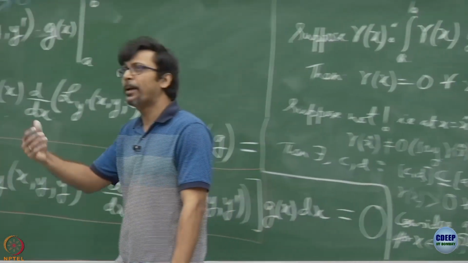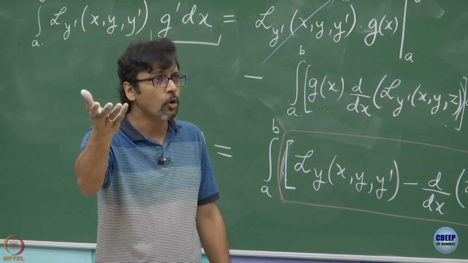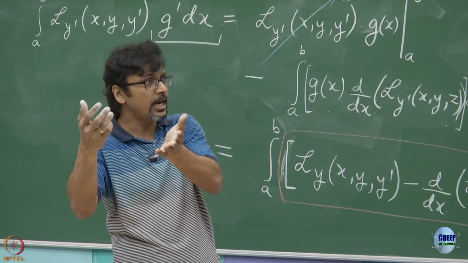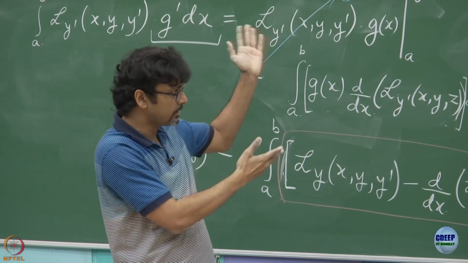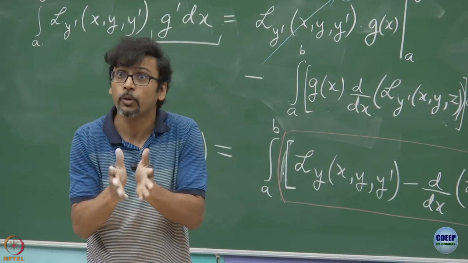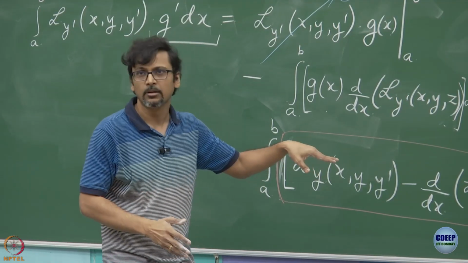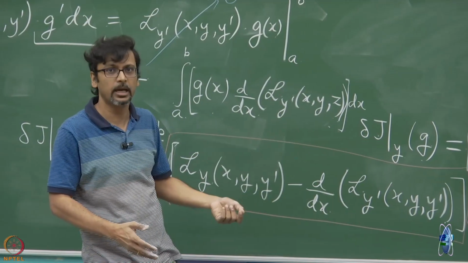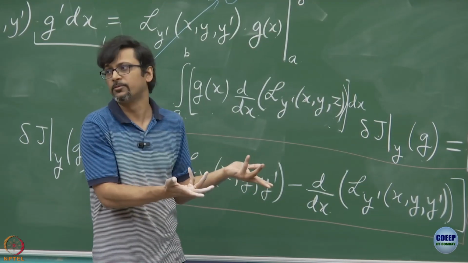It means that whenever you pick out a particular point where gamma fails to be 0, I will always be able to find a continuously differentiable g such that when you multiply gamma with that g and integrate over the interval a to b, the integral will not be 0, in fact it will be positive. Same thing if it were negative, you could have just changed the sign of g, put a negative sign ahead of it, so that again the integral will be positive.